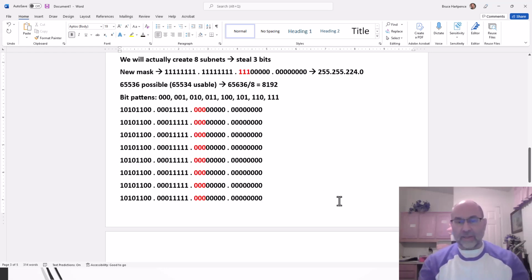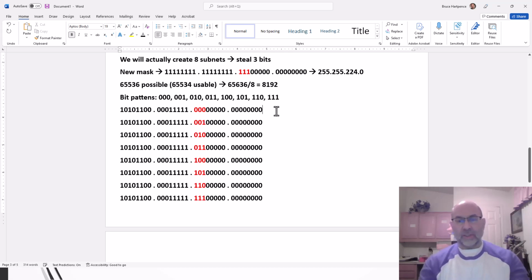So here are our 8 subnet placeholders, and we're just going to go through these binary patterns right here. So I'm going to take this one and make that a 1, make that a 1, 0. Hopefully you're following along with what I'm doing, but I'm just putting in the binary patterns.